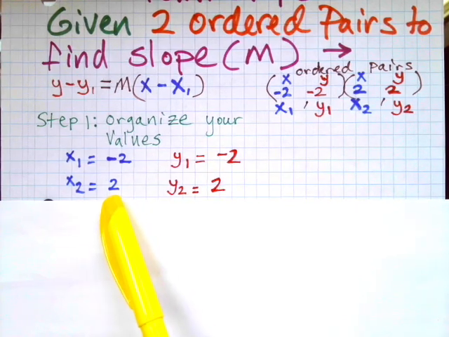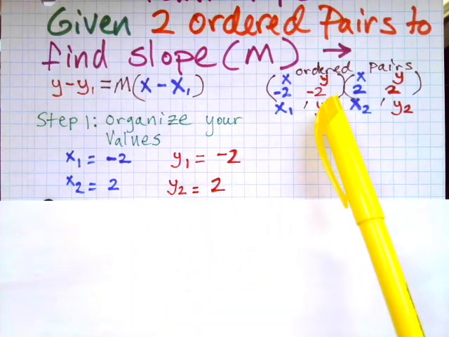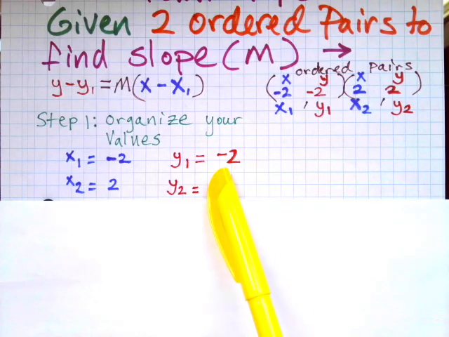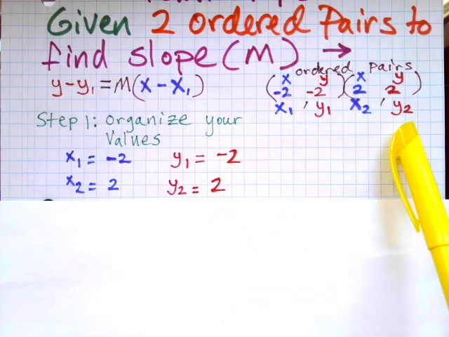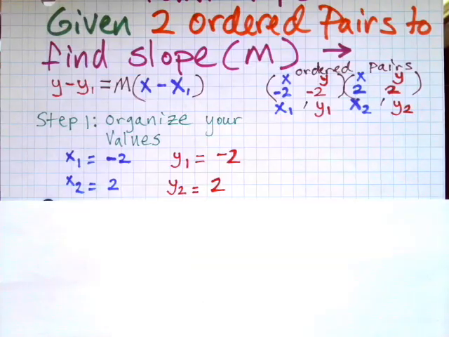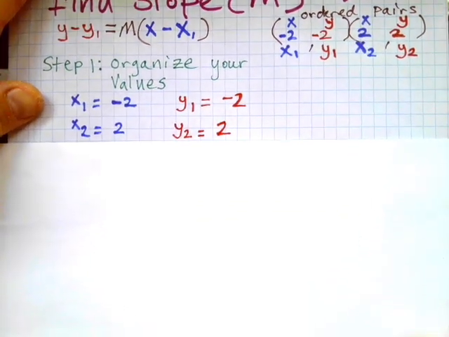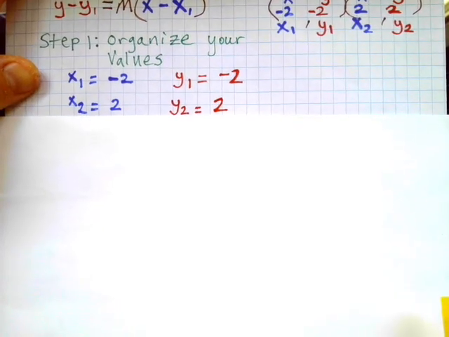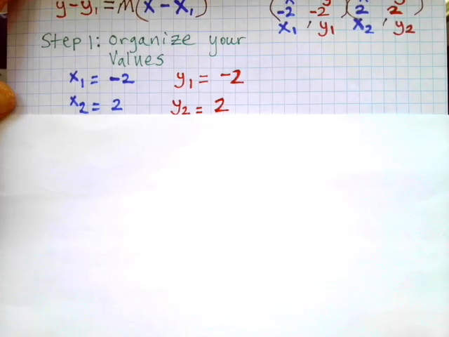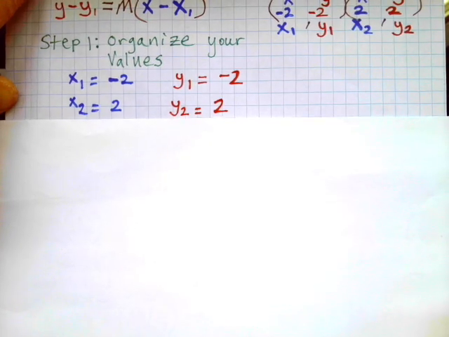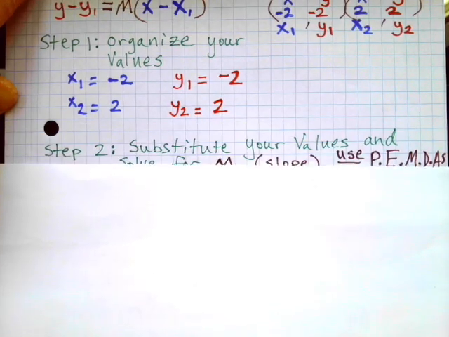I'm writing them here, organizing them. My y1 value was a -2. My y2 value here was a +2. So by organizing, it's going to make it a lot easier to substitute into the formula, the point slope form, in order to solve and find our slope.